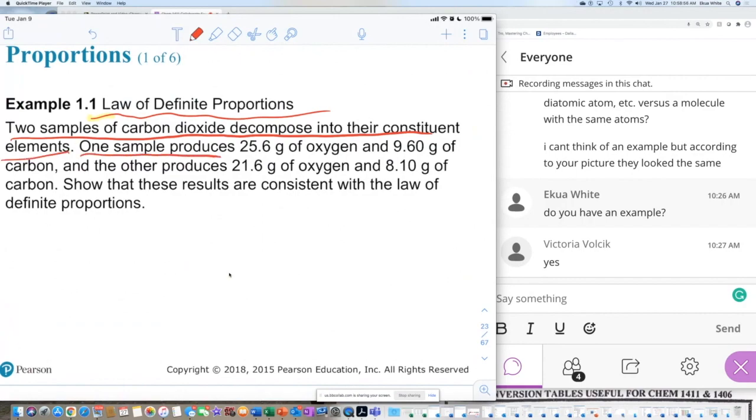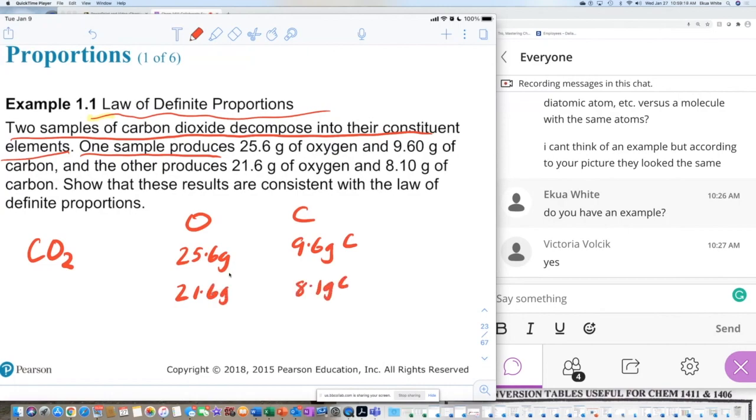One sample has 25.6 grams of oxygen, 9.6 grams of carbon. The other sample has 21.6 grams of oxygen and then 8.1 grams of carbon. Show that these results are consistent with the law of definite proportion.